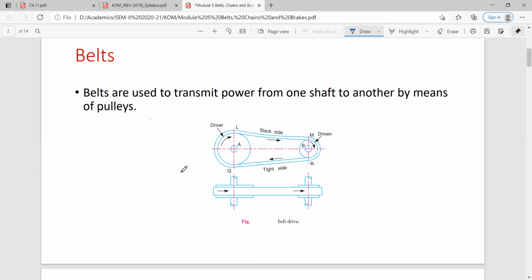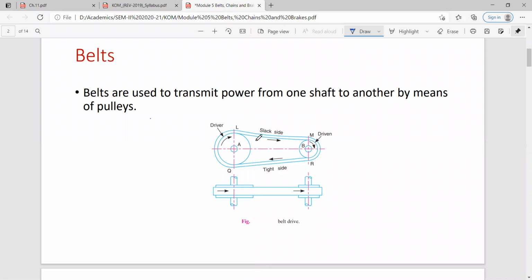And if slip is not present, then the drive is known as a positive drive. So how does the belt transmit the power? What is the mechanism by which it transmits the power? That is nothing but the mechanism of friction.